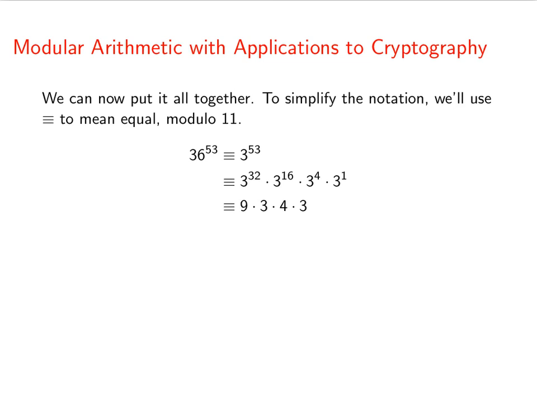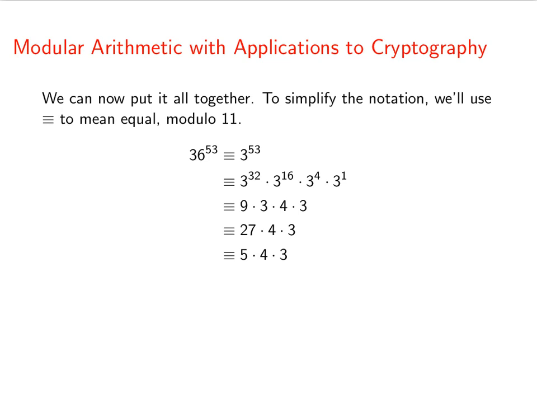Here's the best trick. We're not even going to compute this whole product. We're going to break it down bit by bit. So notice that we're taking 9 times 3 and turning that into 27. And now 27 turns into 5. How does that happen? Reduction modulo 11.